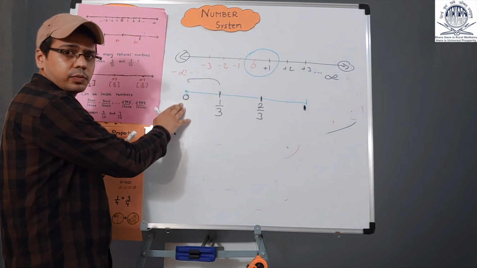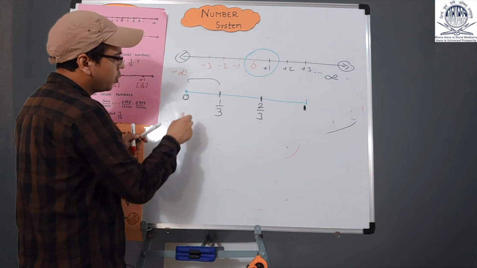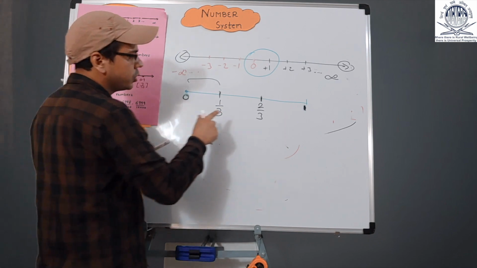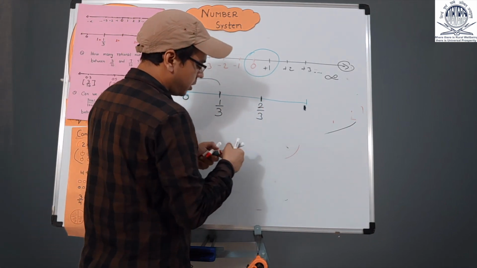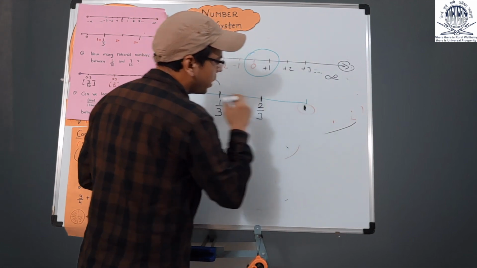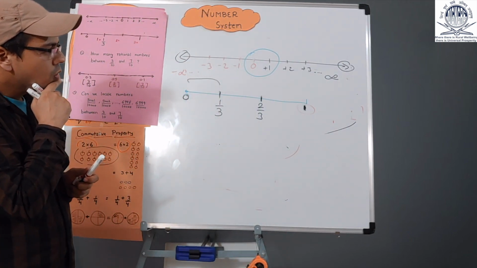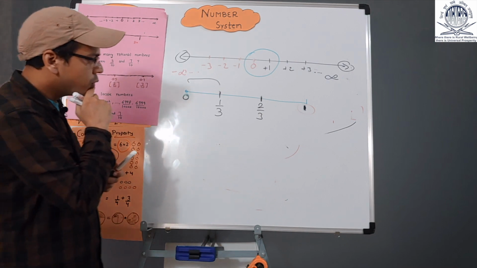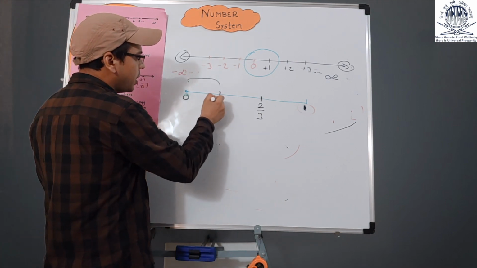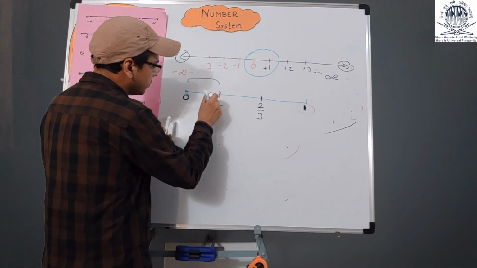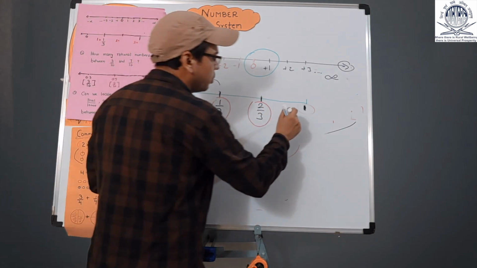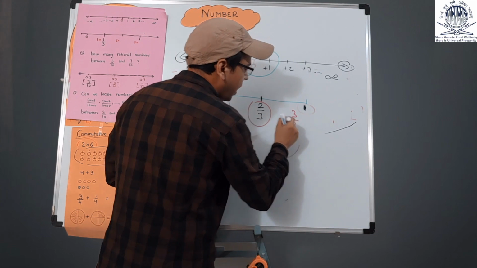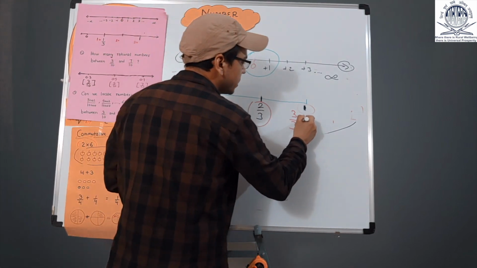If this is 0, and this portion is 1 out of 3, this portion is 2 out of 3, then what could this be? This is 1, and I'm kind of confused. Oh my god, I'm stuck, what should I do? Okay, I got it. If this is 1 out of 3, and this is 2 out of 3, then this should be 3 out of 3, and we know 3 by 3 is nothing but 1.